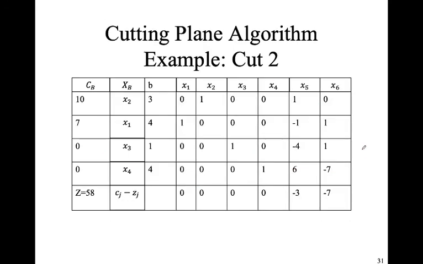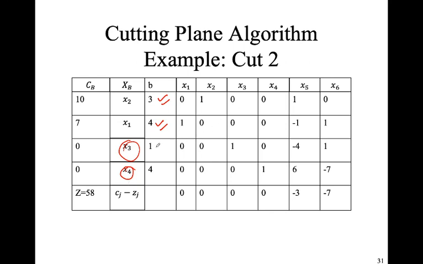Okay. So if you do so, now you can see x2 is an integer, x1 is an integer. We don't care about x3 and x4 because these are the slack variables and we don't have the integrity condition on these variables.